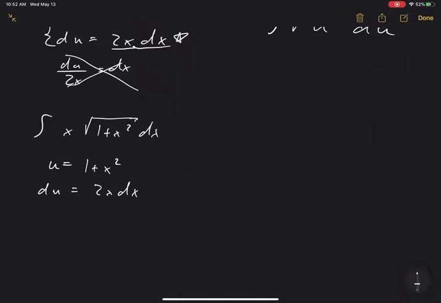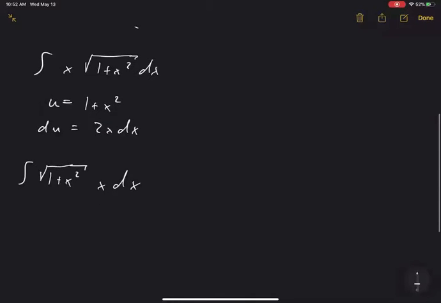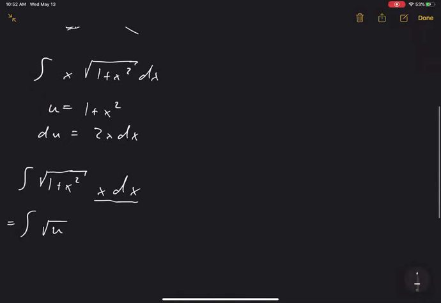Then I would try and make my U-substitution. Let's rearrange the problem a little bit. So I replace 1 plus x squared with u. And then what do I sub in for x dx? Because now du equals 2x dx. How does that relate to this?